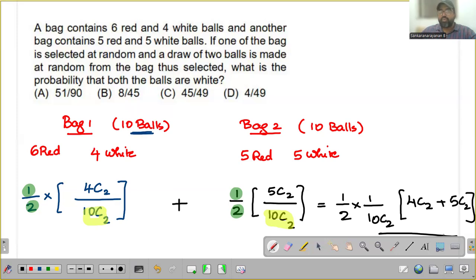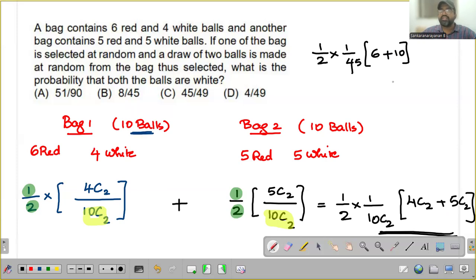Okay. Upon further simplification, as far as this question is concerned, I will be getting the answer 1 by 2 into, this 10C2 is 10 into 9 by 1 into 2, that will be 45. So I shall write it here 1 by 2 into 1 by 45, this will come into 4C2 plus 5C2. 4C2 is 4 into 3 by 1 into 2, which is equal to 6. 5C2 is 5 into 4 by 1 into 2, that is equal to 10.